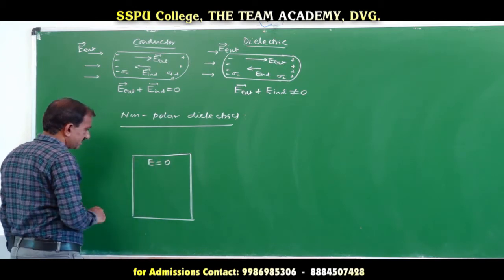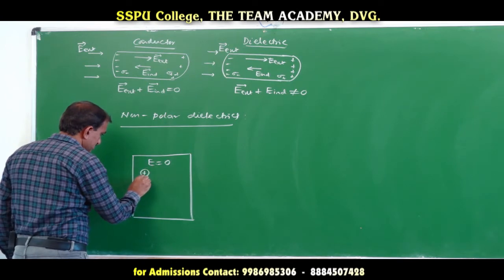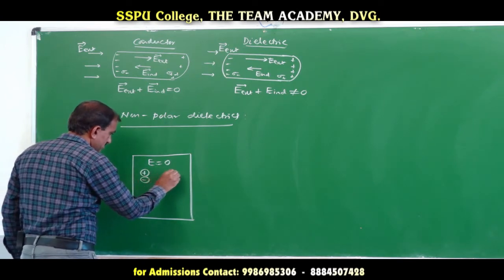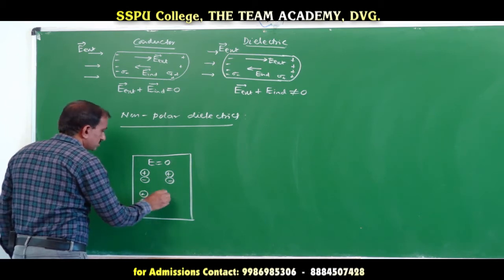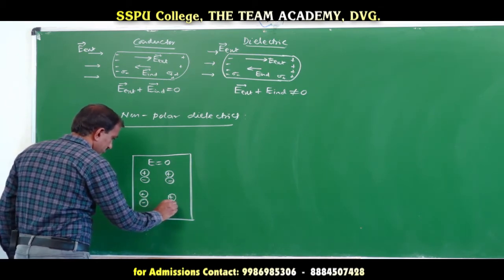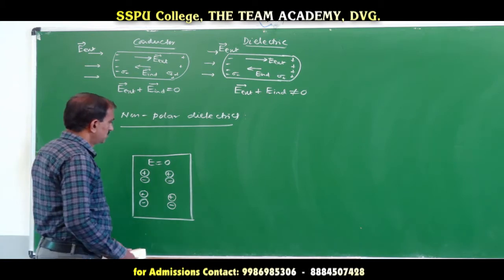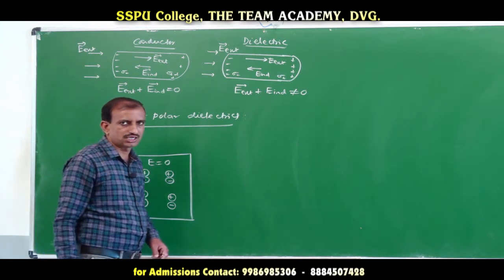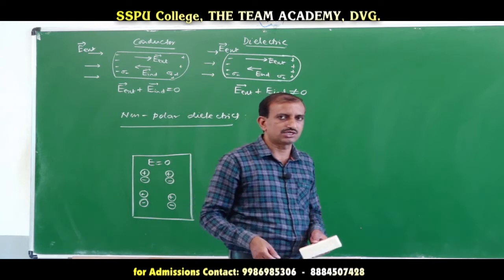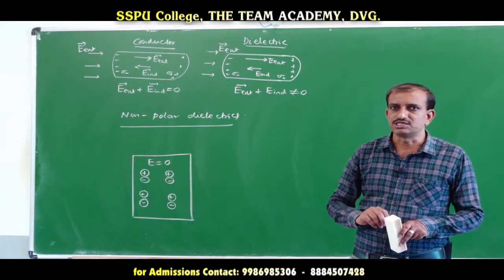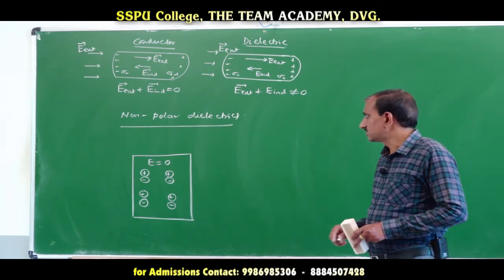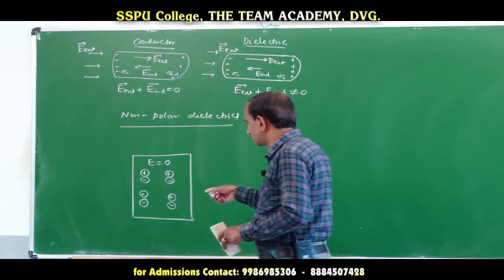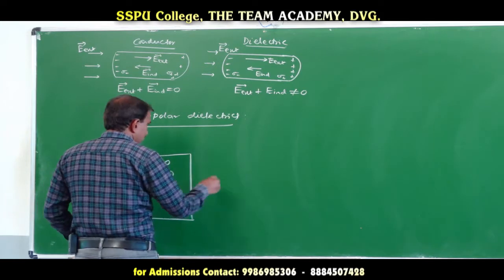When electric intensity is 0, the positive charges and the negative charges coincide with each other. In non-polar dielectric molecules, the centers of positive charges and centers of negative charges coincide with each other. Such a molecule is called a non-polar dielectric molecule. This is the case when E is equal to 0.